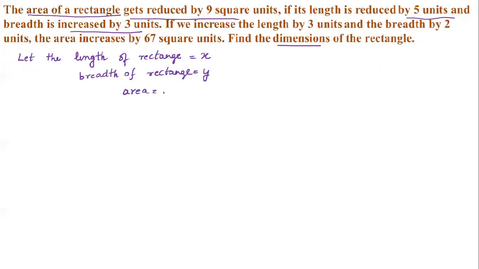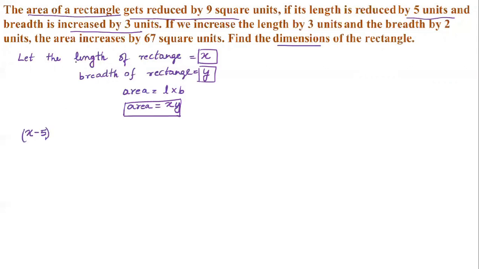So what is the area? We know that area of a rectangle is equal to L into B. So area will be xy, because length is x, breadth is y. Now write the equation. The statement is: area reduces by 9 square units if we reduce the length by 5 and increase the breadth by 3.